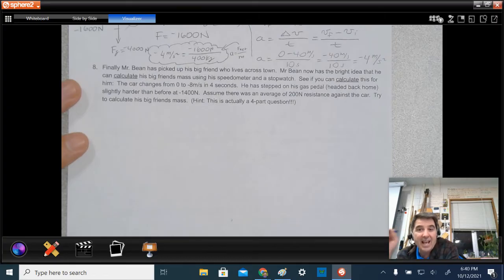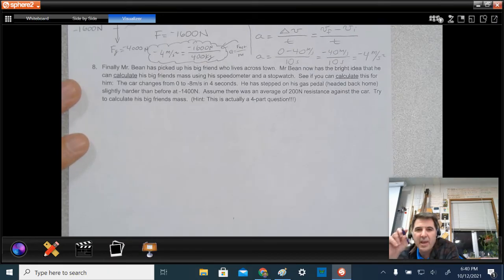He has stepped on his gas pedal, headed back home, slightly harder than before at negative 1400 newtons. Assume that there is an average of 200 newton resistance against the car. Try to calculate the big friend's mass. This is a 4-part question. Actually, it's probably a 3-part question.